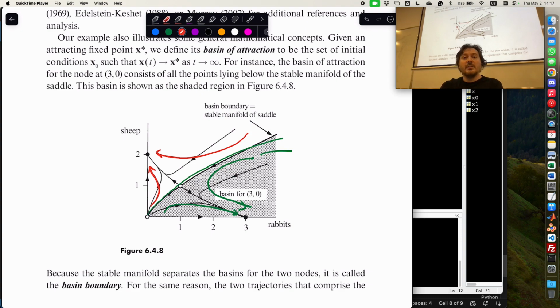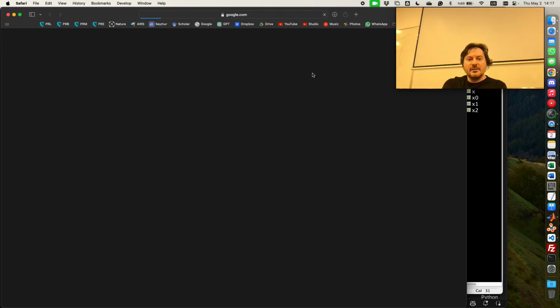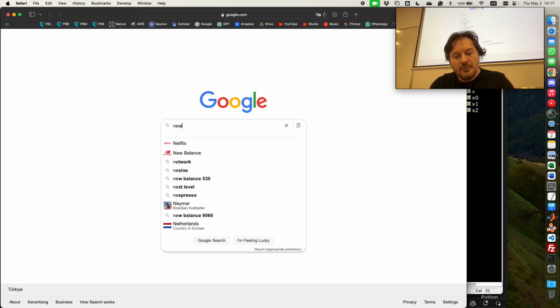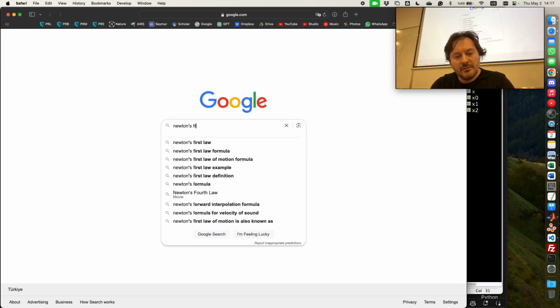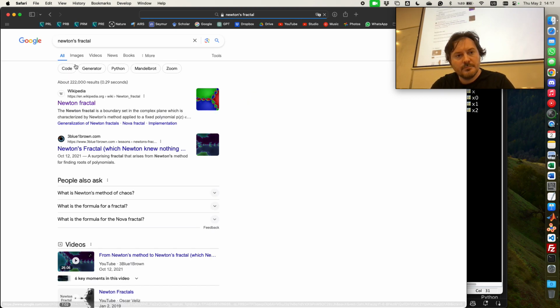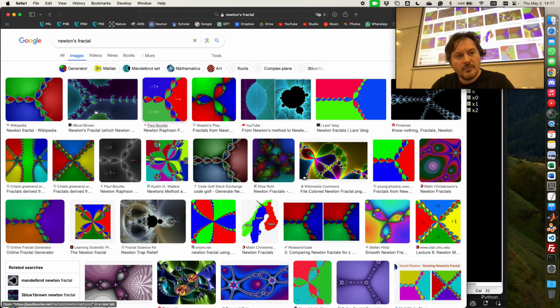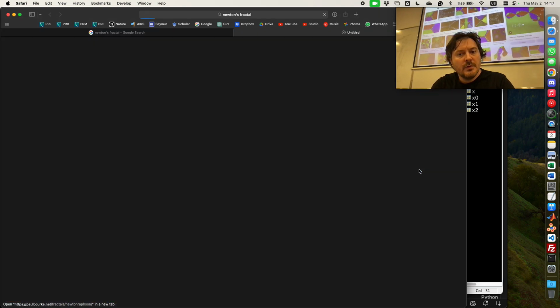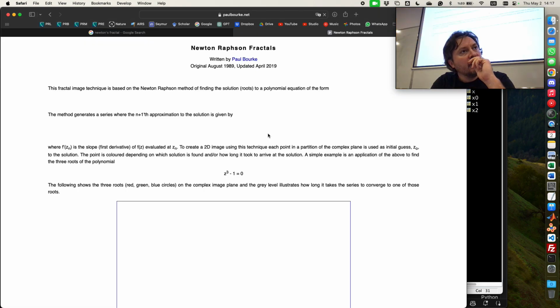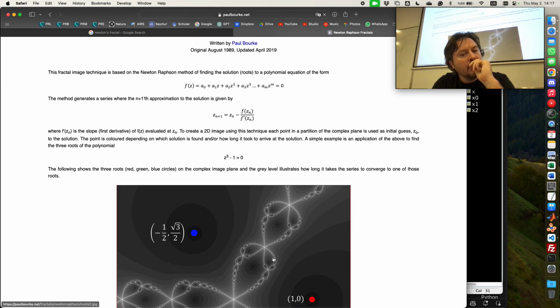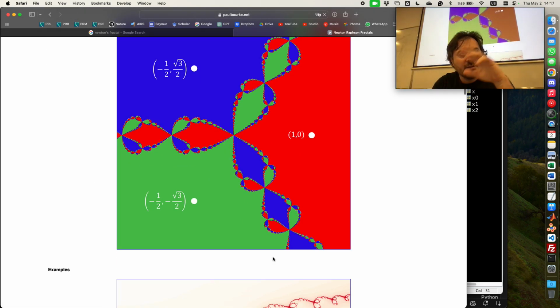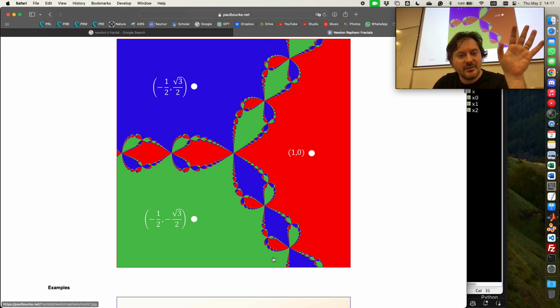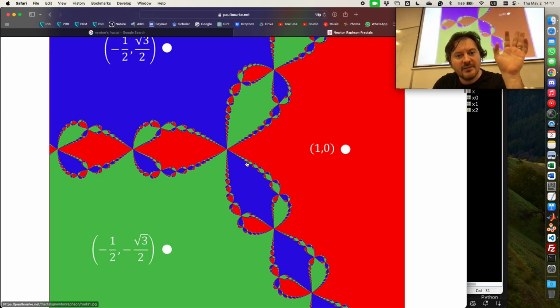I didn't mention this, but if you are interested, you can look at Newton's fractal. It looks like this. Yes, but that's a deep subject. Finding Mandelbrot inside this is a deep subject.